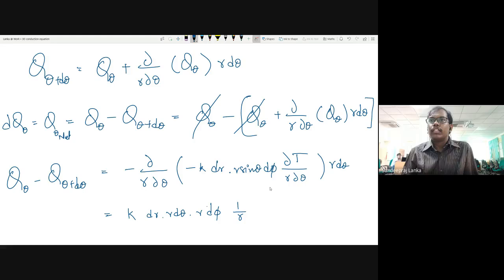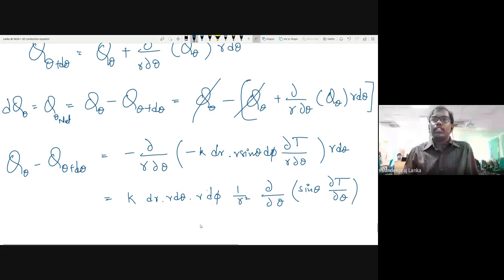This 1 by r is also there inside. That also I can take out and write it like r square. And then dou by dou theta of k I have taken out, dr I have taken out, r sine theta only is the thing remaining. Sine theta will be within my bracket dou t by dou theta. So this is your equation now.